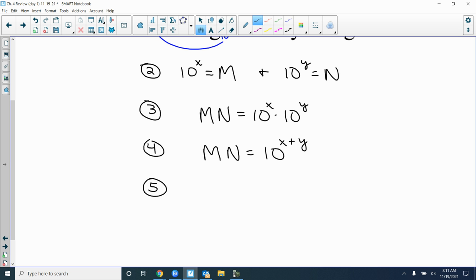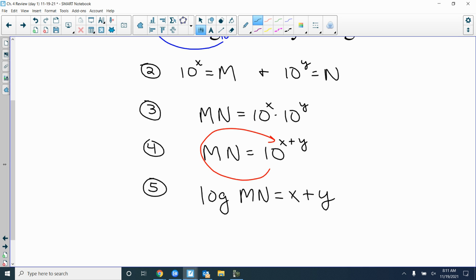The answer to a log is always the exponent. The answer to a log is always an exponent. So you can still do your swoop if that helps you. You're going to say log base 10 of m times n equals the exponent, which is x plus y.